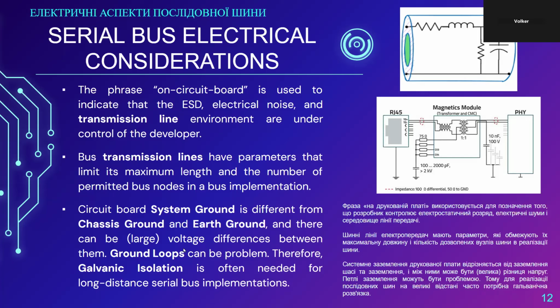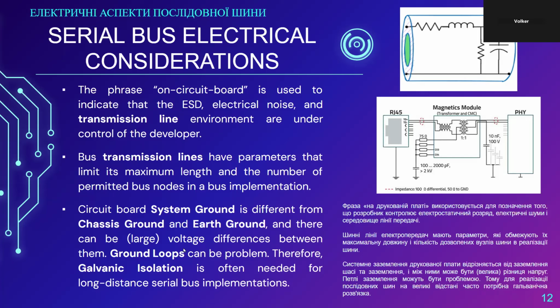Often, of course, microcontroller systems are not powered by batteries. But the system ground can be different. The definition is different from chassis ground. The voltage level can be the same as chassis ground.